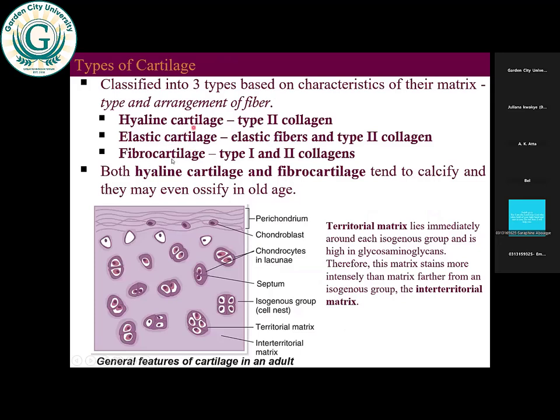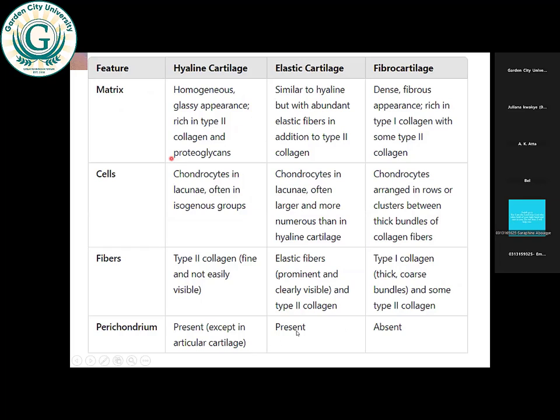And they are absent in fibrocartilage. I think I have a table here. Perichondrium is present in hyaline cartilage, except articular cartilage. They are present in elastic cartilage. Then they are absent in fibrocartilage. This table says everything that you need to know.